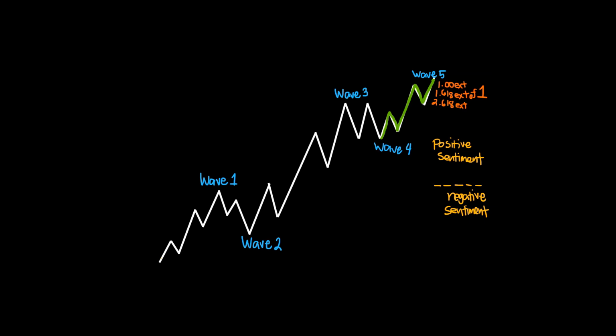Now, it's very important to note that at this particular part of the sequence, sentiment is the most positive that it is in the whole cycle. That means every single Tom, Dick, and Harry, or every single Tito, Vic, and Joey will pretty much be telling you to hold on, even more so to buy more shares.